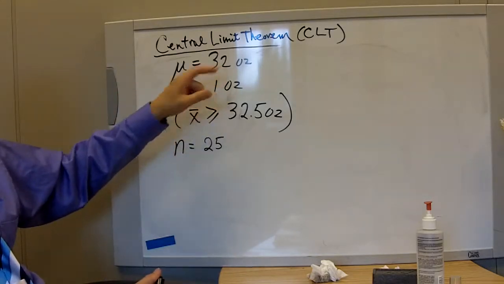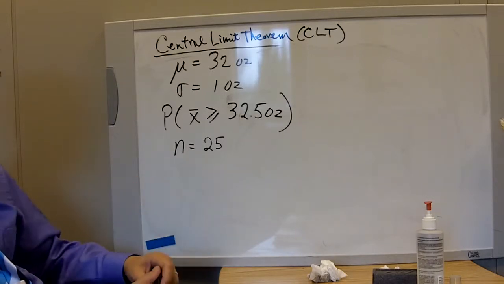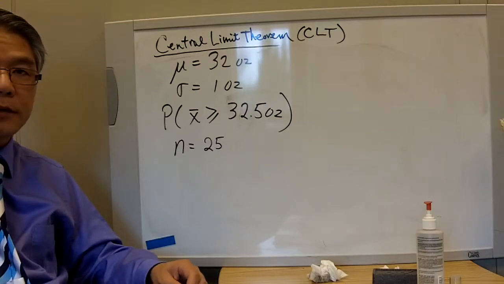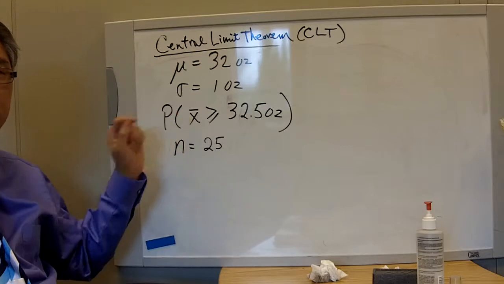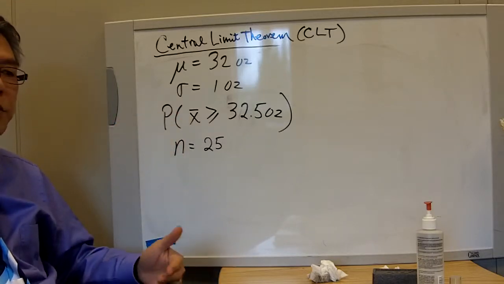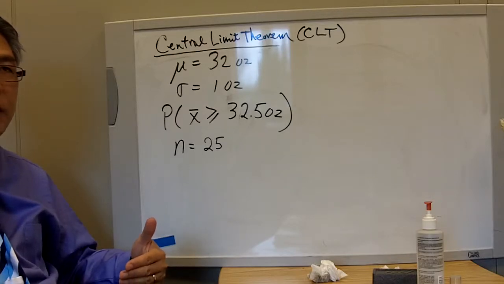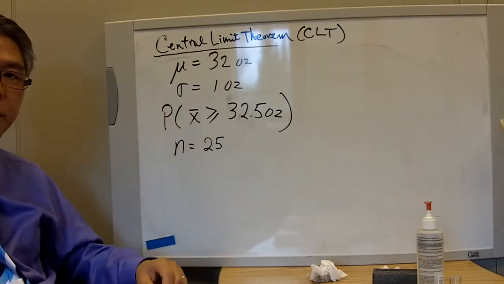So 1 ounce versus 32, and daily the production manager would take 25 soda bottles and examine how much soda has been filled into those bottles to determine if the process has been working properly, so that we're not having any overfilling or underfilling problems.